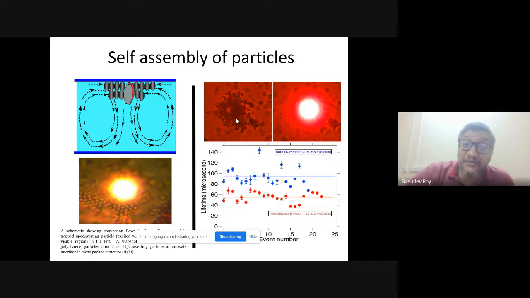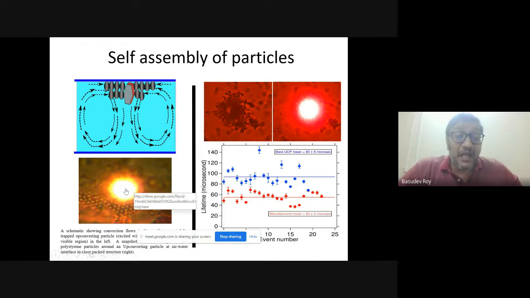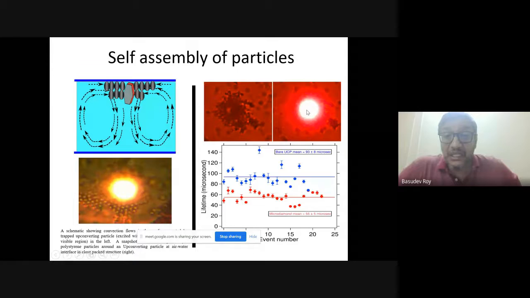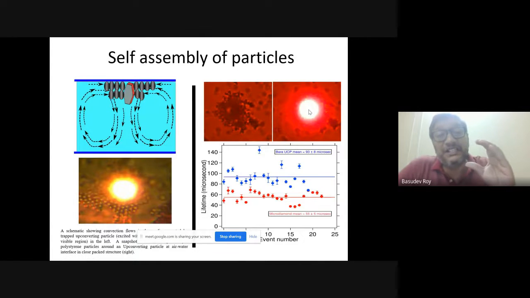We take the emission and measure the lifetimes of these emissions of the upconverting particles at 550 nanometers particularly, because that happens to match with the diamonds, which also have NV centers, nitrogen vacancy centers, in them, and that becomes a quantum system.